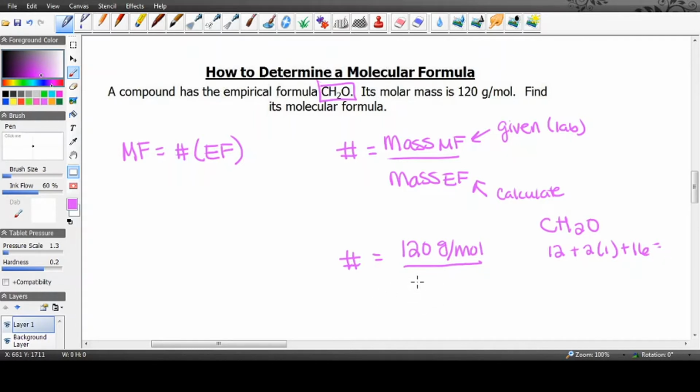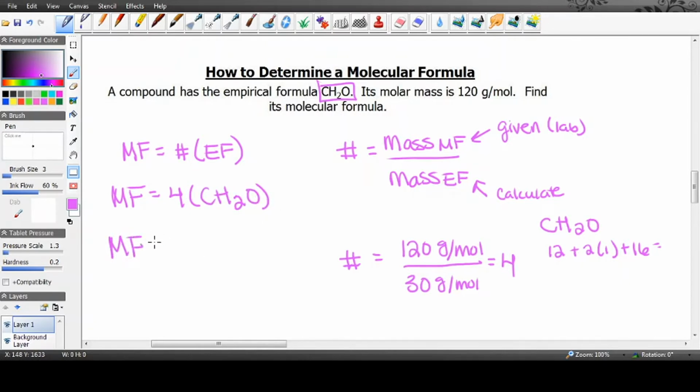The mass of the empirical formula is 30 grams per mole. So my multiple is 4, right? Grams per mole cancel. I basically need to take this empirical formula and multiply it by 4. So my molecular formula is going to be equal to 4 times CH2O.